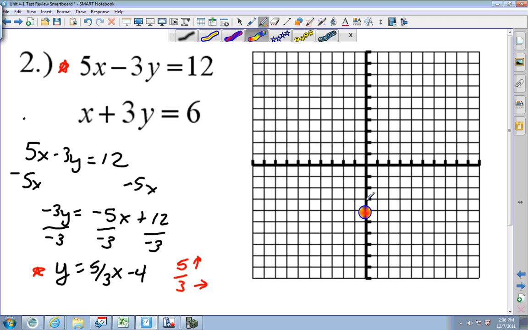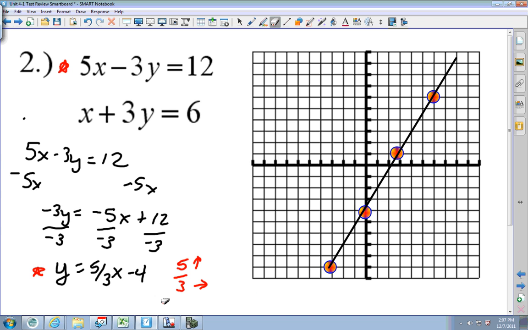We're going to go up 1, 2, 3, 4, 5, and over 1, 2, 3. I can also go down 1, 2, 3, 4, 5, and over 1, 2, 3 to the left 3. Now I'm going to graph my line. Okay, so that's that top one.